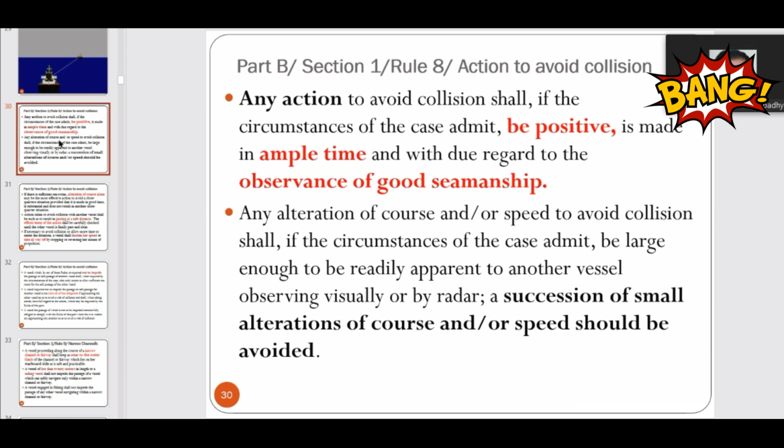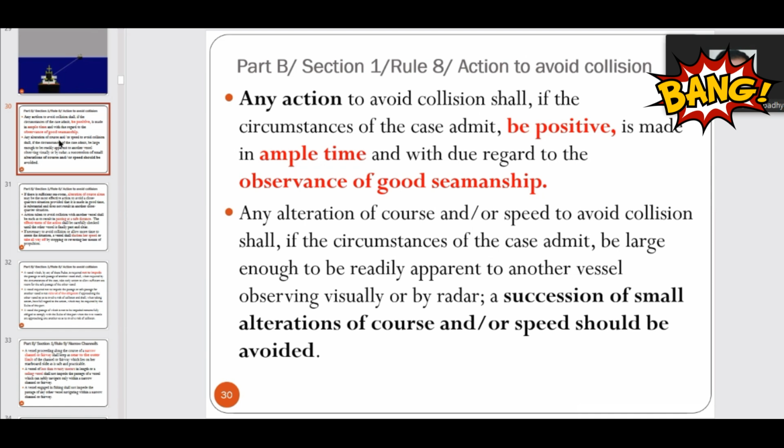So all that you observe, and then you take a corrective action. This all comes under observance of good seamanship. That means your action should be the right action in order to avoid any collision, and right action taken in the right time is the observance of good seamanship.